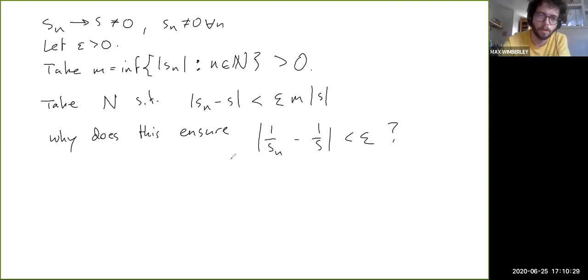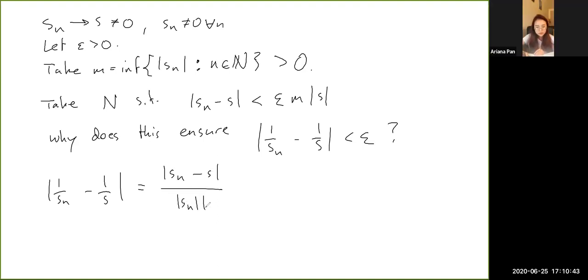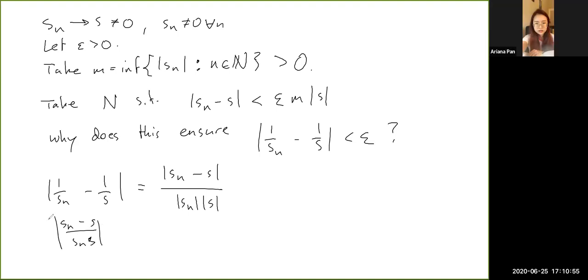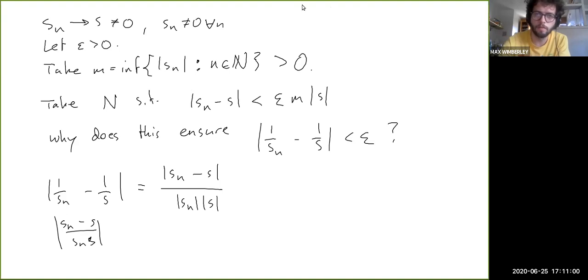Well, the reason is that 1 over Sn minus 1 over S, if you just combine these fractions, is the same thing as Sn minus S over Sn times S, right? So I'm going to erase this.